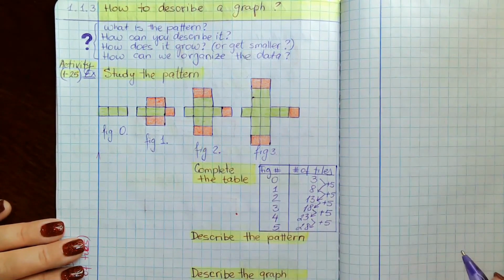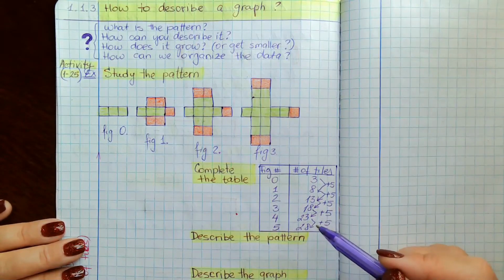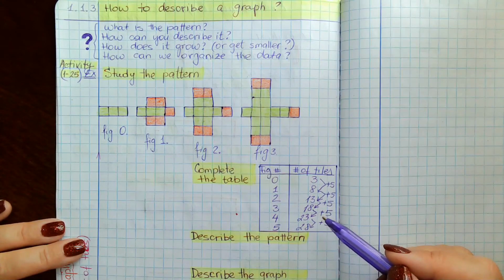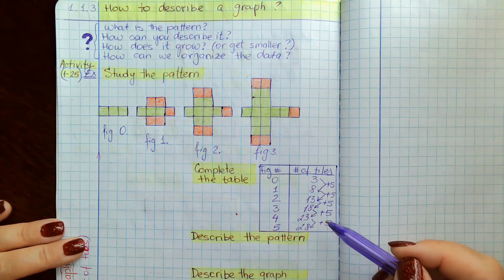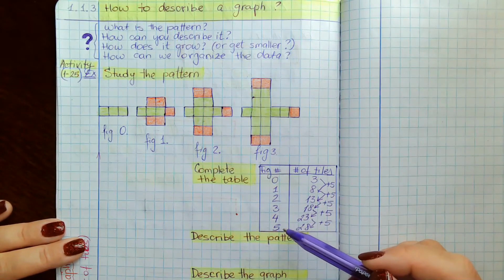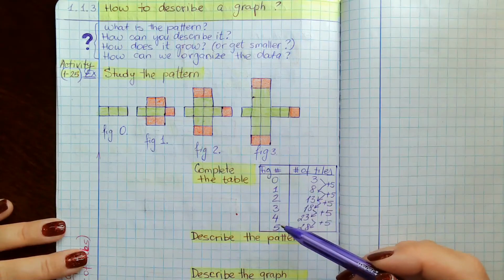And so on. So this chart can be very, very big if I was to just add 5, 5, 5, 5. And my question is, okay, how many tiles will be in figure 50? Or figure number 70? Or figure number 92?